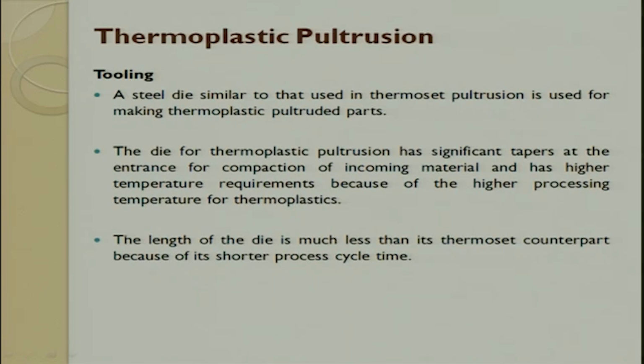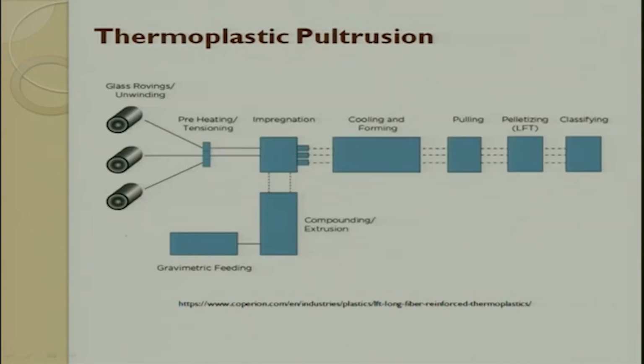So, what are the toolings? Before getting into toolings, let us look into the process and then get back into toolings. You will have glass rovings which are in reels or in spools. They are asked to move over a preheated tension unit, where a proper tension is maintained so that you get a regular infeed.